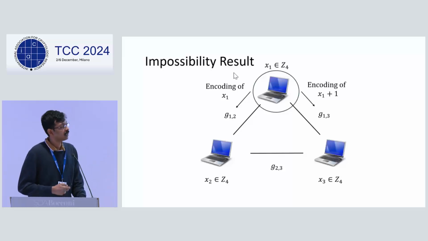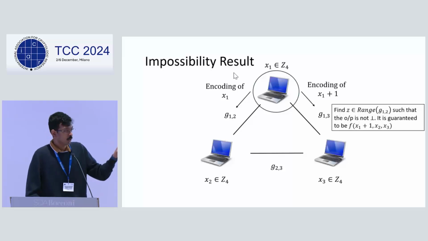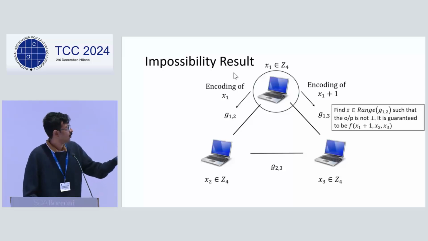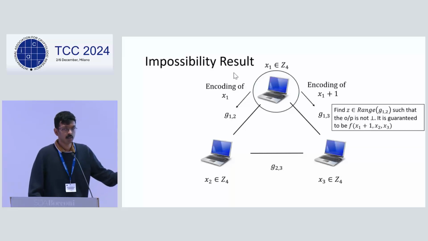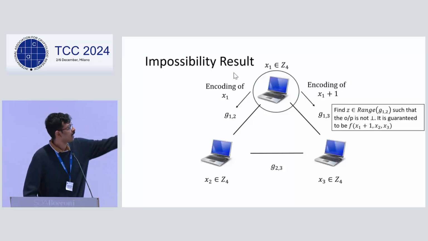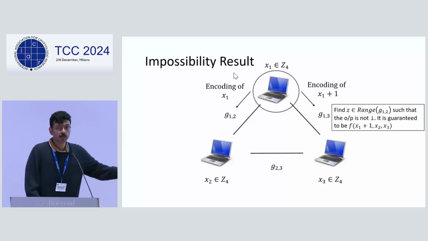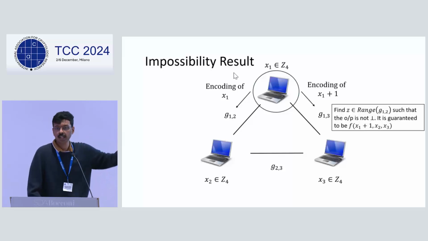Now, for this adversary to learn some non-trivial information, all that it needs to do is to find a z in the range of G12 such that the output is not bot. From the previous observation, since it is behaving honestly with the call to G13 using the input x1 plus 1, this output is guaranteed to be f of x1 plus 1, x2, x3, because we conditioned on that being not bot.